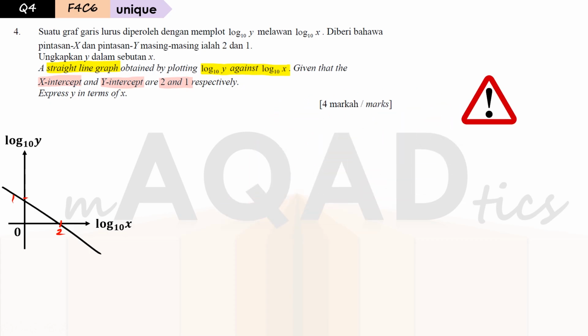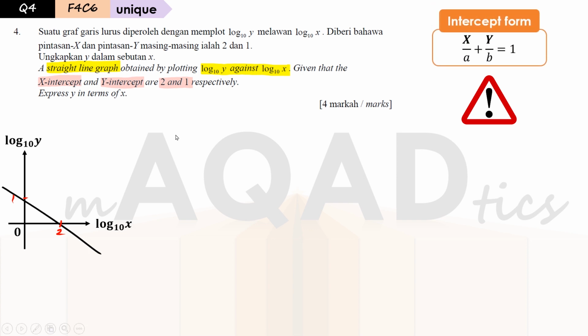To form the equation, we need to recall the things that we learned in Form 4 Chapter 7, Coordinate Geometry. And then we need to recall the ways to form a line equation. If you remember, there are 3 and one of them was the intercept form, which is this one: x over a plus y over b equals 1.